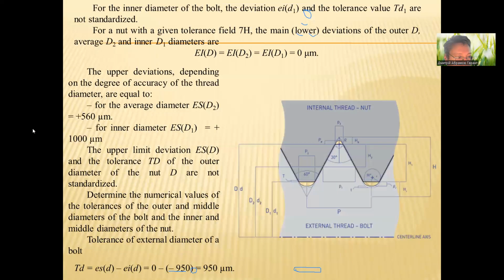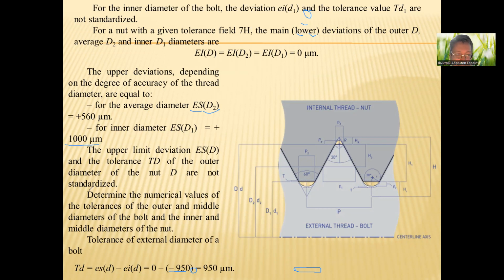We return to the previous slide. So for the average diameter, the upper limit deviation is equal to plus 560 micrometers. For the inner diameter, ES of D suffix 1, the upper limit deviation is equal to plus 1000 micrometers.